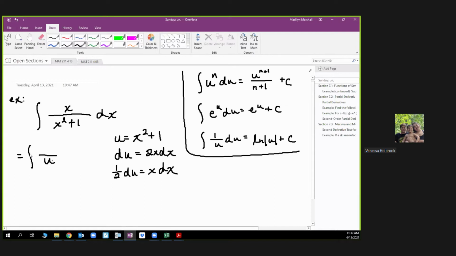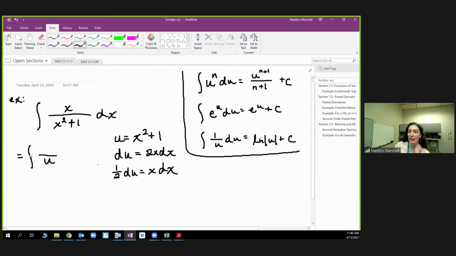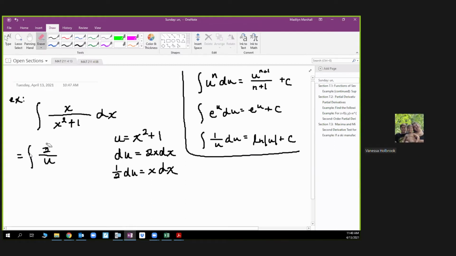So the bottom will be u. And the top will be 1/2 du, or 2 du? So it's not 2, because if that 1/2 is going to be on top, it wouldn't flip over. So we could technically write it like that, but I don't recommend writing it like that.